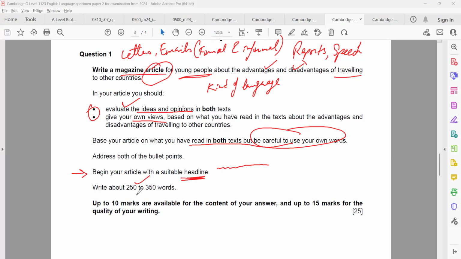I talked about the word limit. I talked about 10 marks for content. The concept is the same as we talked about in summary writing: the number of points you pick out from the text and the number of points you give for your own views.